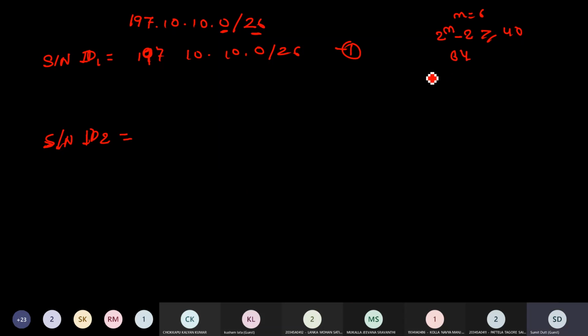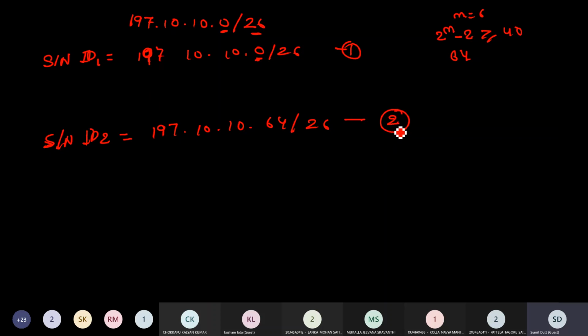So I just need to add 64 here. When I add 64, it becomes 197.10.10.64 /26. So this is my network ID or subnet ID 2.